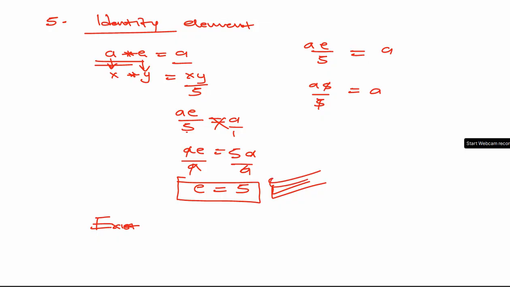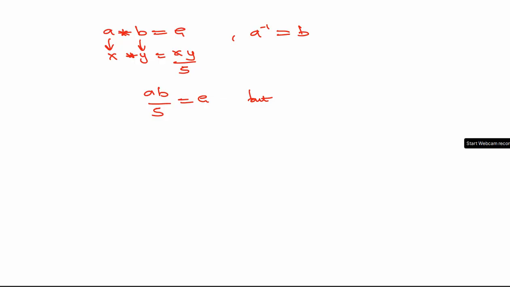But the identity is equal to 5. That's why I said the identity is very important. You need to find it in the first place. So the identity element is 5. So I'm going to say a times b over 5 is equal to 5. Understand now, we want to find the inverse. So the inverse is b.